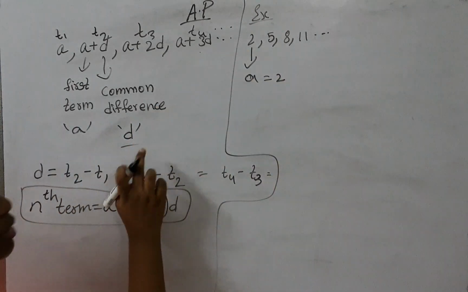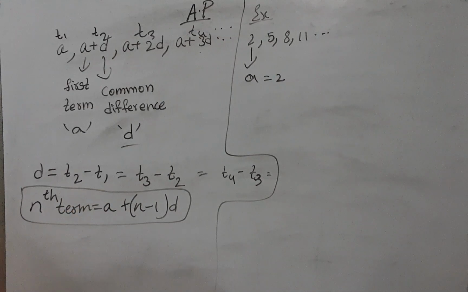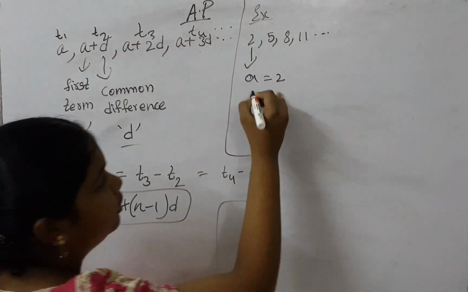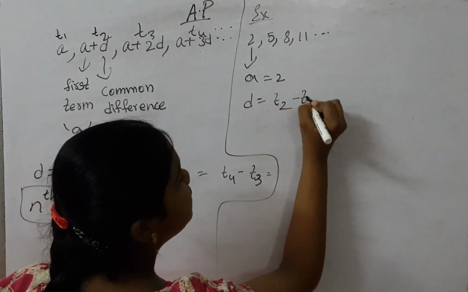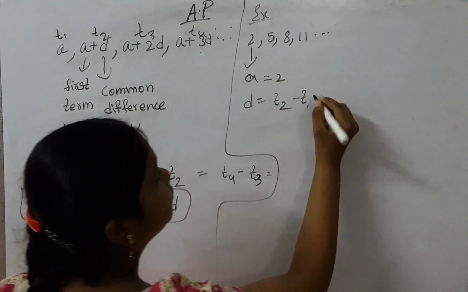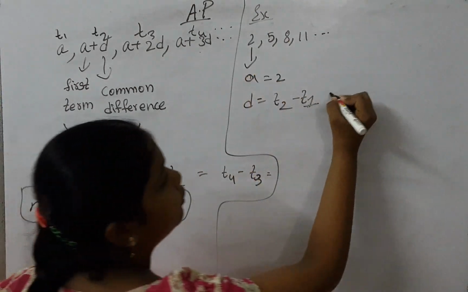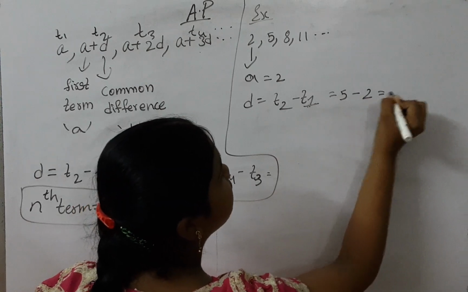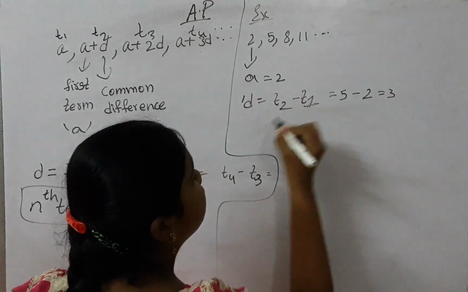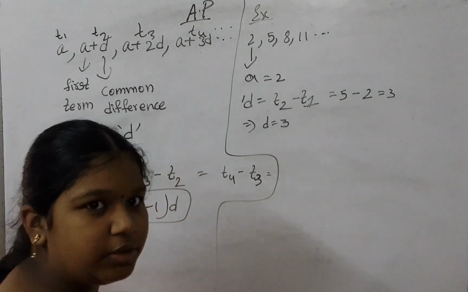And d is the common difference. d is equal to T2 minus T1, which is 5 minus 2 is equal to 3. Therefore d is equal to 3. The common difference is 3.